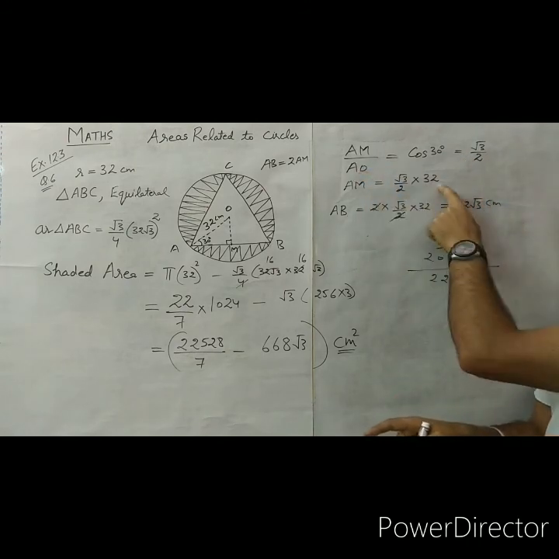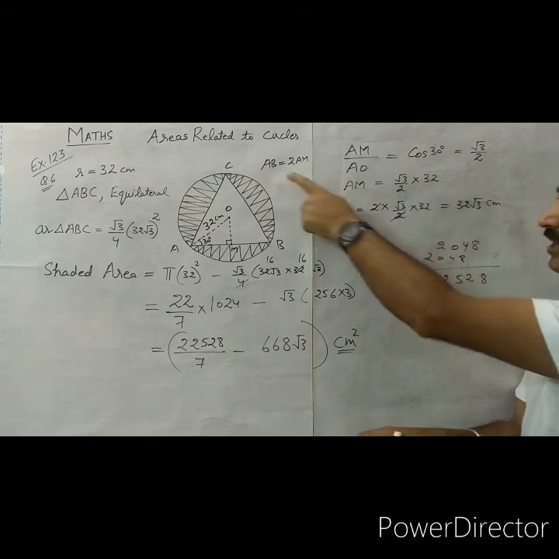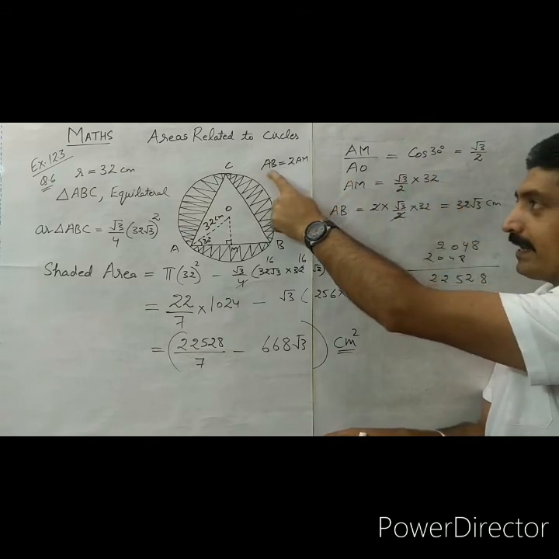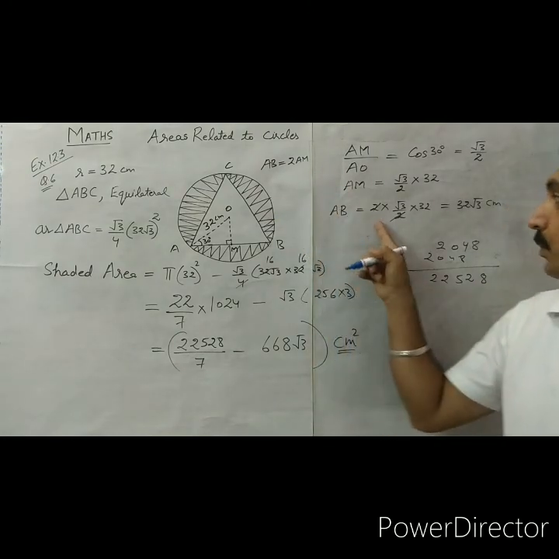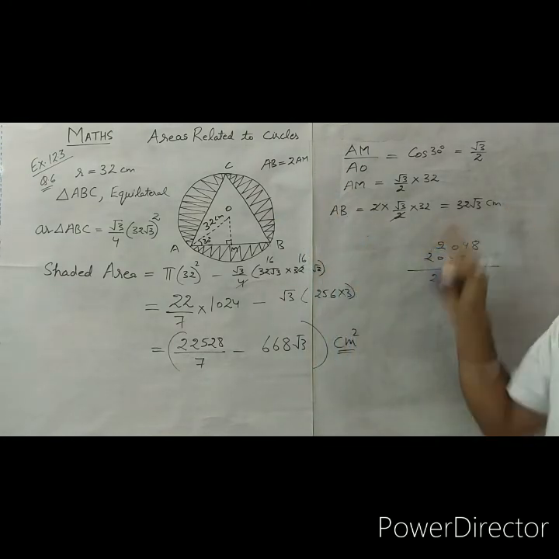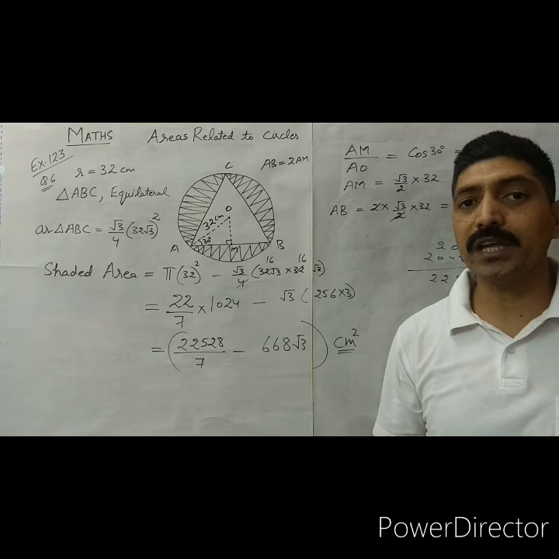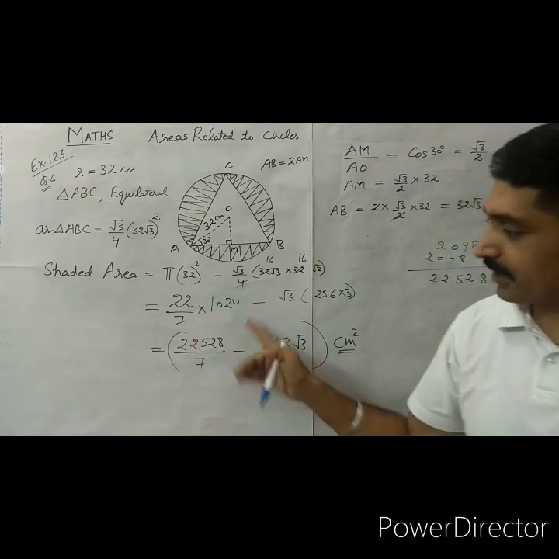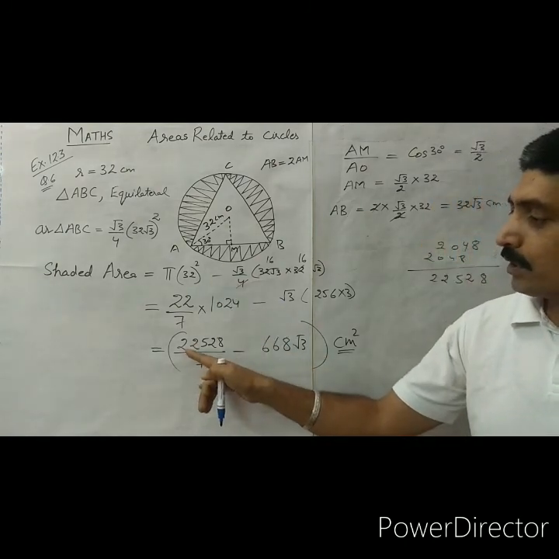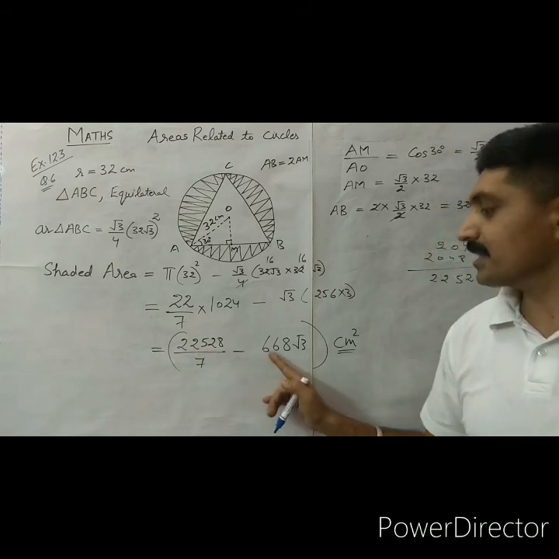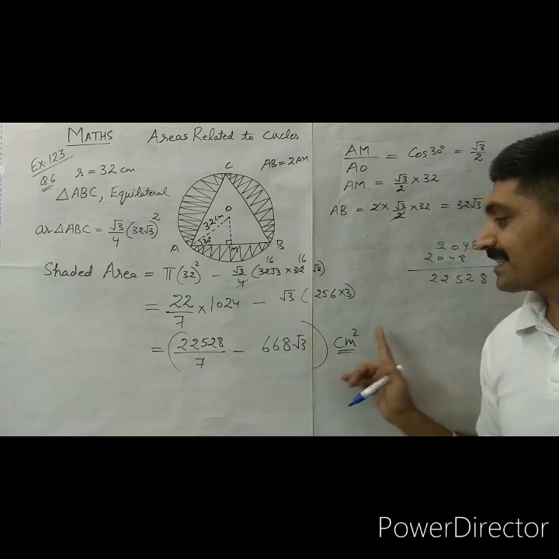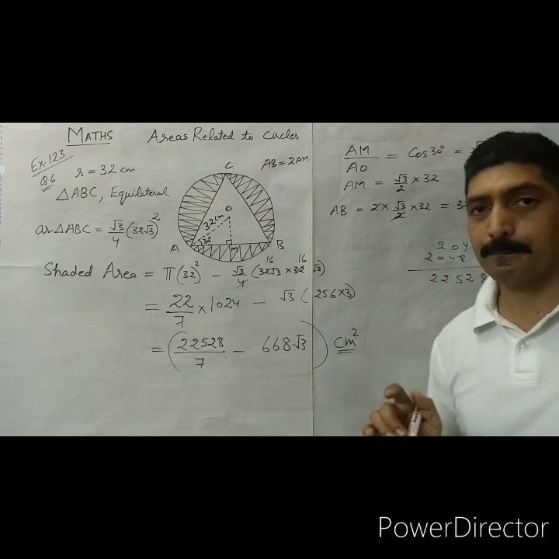So OA we have multiplied this side, and we are interested here to find the side AB. AB is twice of AM. So substituting the value, we have the side of triangle 32 under root 3, and we have this shaded area is equal to 22,528 upon 7 minus 668 under root 3 centimeter square.